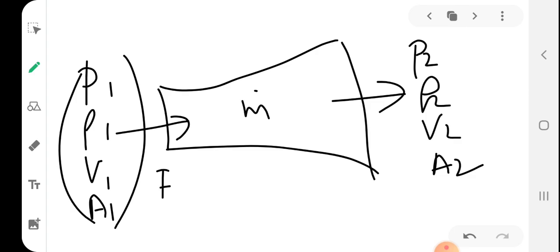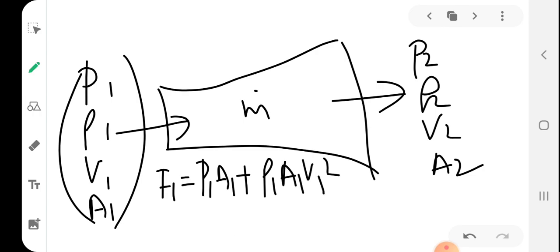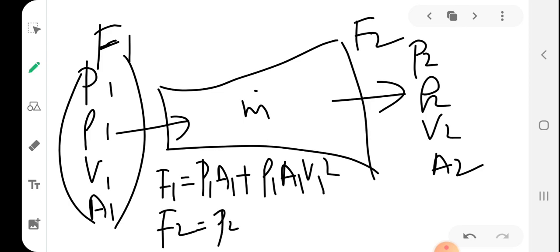Here F1 can be written as P1 A1 plus ρ1 A1 V1 squared. Similarly, if the impulse function at the inlet is F1, the impulse function at the exit is F2, which is P2 A2 plus ρ2 A2 V2 squared. So students, the net force, F net, is nothing but the thrust produced by the stream of flow.